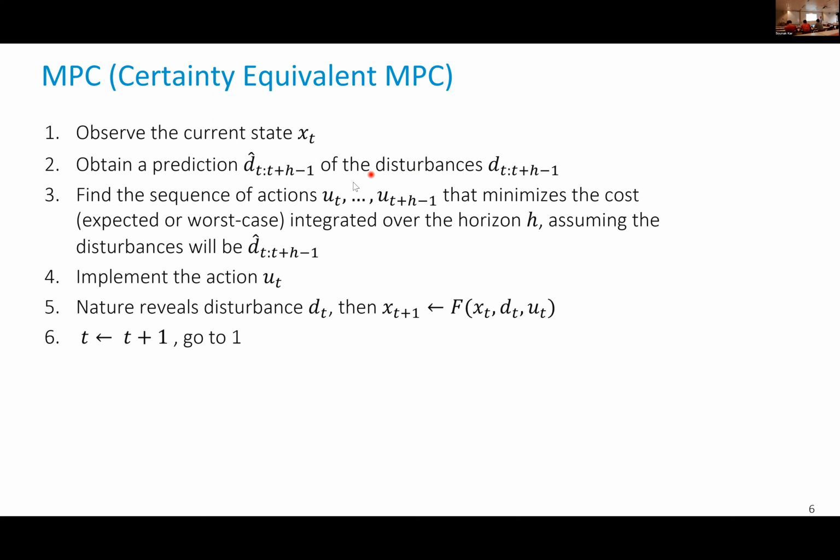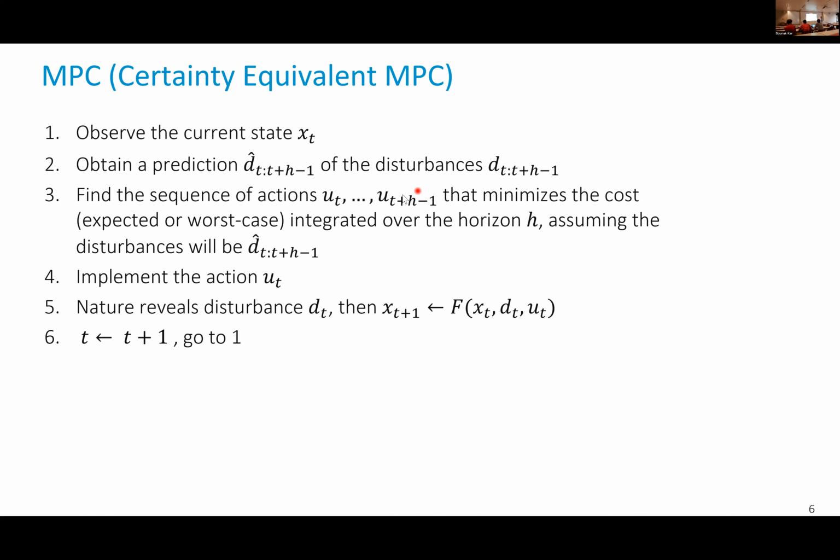Then we solve a multi-time step optimization problem, a bit like you did in the dispatch plan, where we dispatch the energy, U t, over some horizon. And the horizon is the number of time steps in the future. It should be large enough to incorporate the variation that we're interested in. For example, here you want a horizon that's at least 1 full day, because there will be an alternation of day and night, low cost and high cost periods. So you want to look ahead far enough in the future.